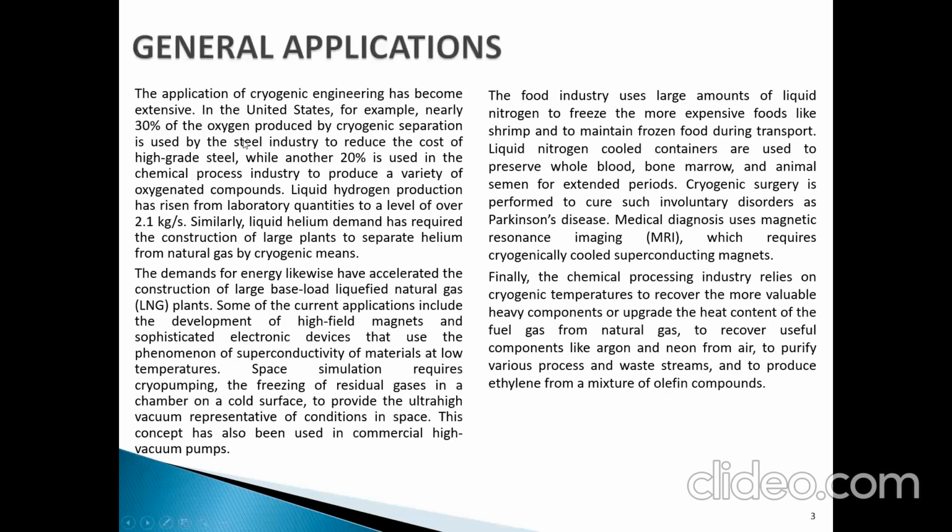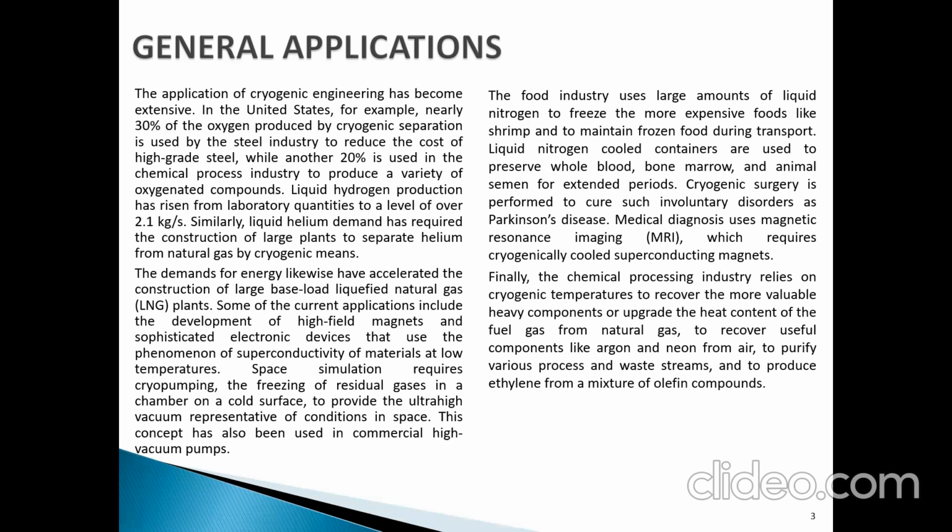So, general application. The application of cryogenic engineering has become extensive. So, in the United States, for example, nearly 30% of the oxygen produced by cryogenic separation is used by the steel industry to reduce the cost of high-grade steel, while another 20% is used in chemical process industry to produce a variety of oxygenated compounds.